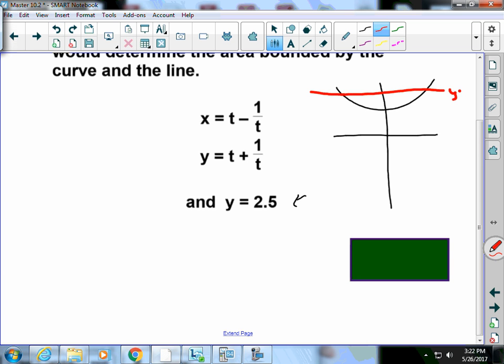This is y equals 2.5. There's a point here and here. In black is this curve. I could show you on your calculator, but just trust me, that's what the curve looks like. I'm just trying, again, to save some time. You can see that actually. Give me a second. I will show you.